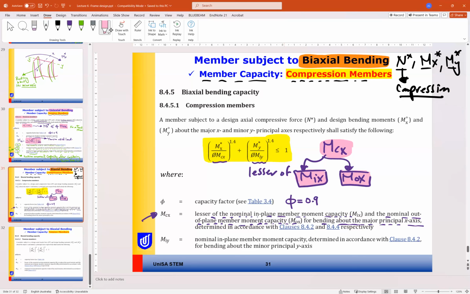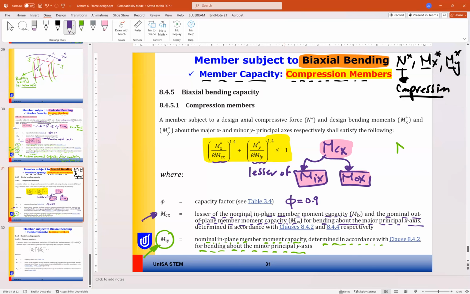For MIY, I means in plane. So nominal in plane member moment capacity determined in accordance with clause 8.4 for bending about minor principal axis.